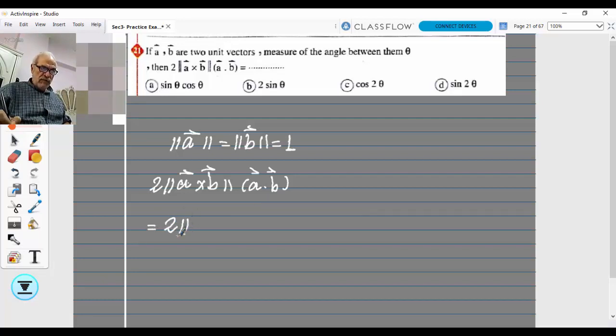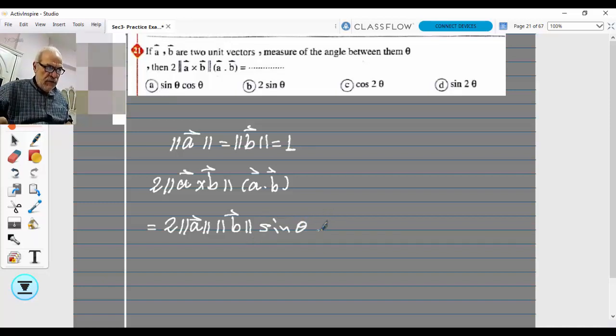We know from the rule that the norm of A cross B equals the norm of vector A, norm of vector B, sine theta. You will not write the unit vector C here, because we write a norm of A cross B. Okay, this is the first part.